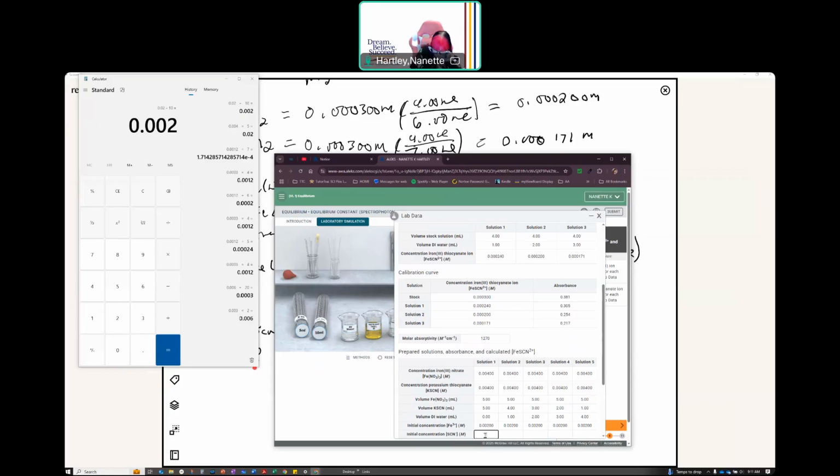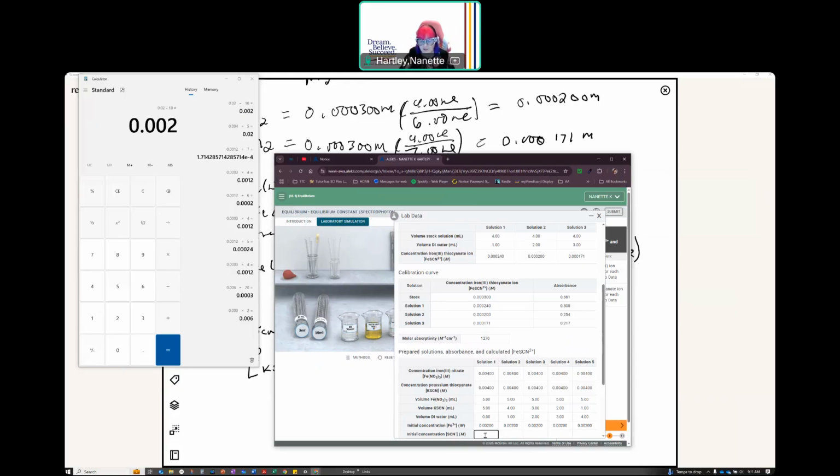And the initial concentration of the KSCN, because that's where it came from, is 0.00400 molar, because it's the same concentration that we started with.